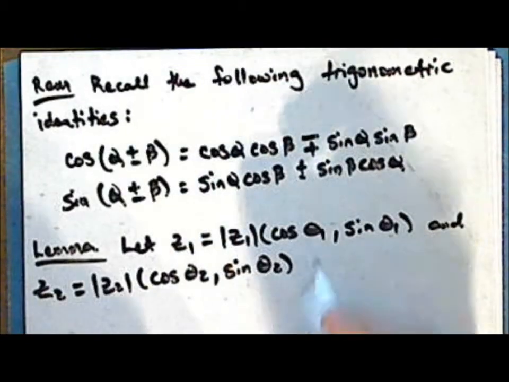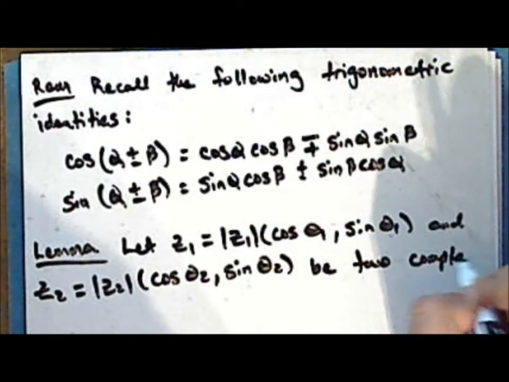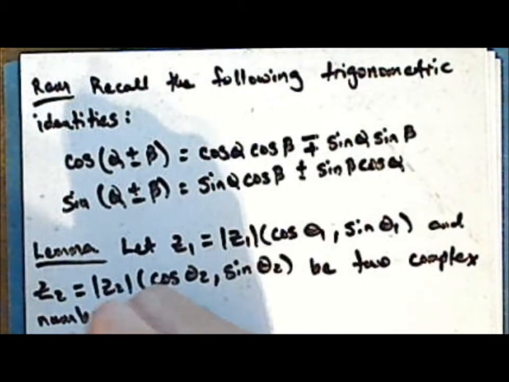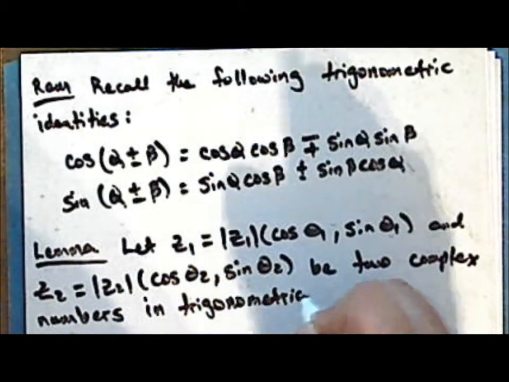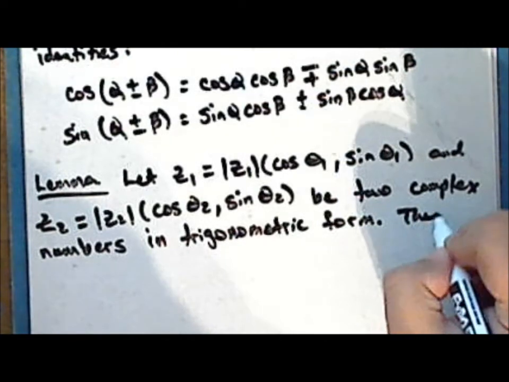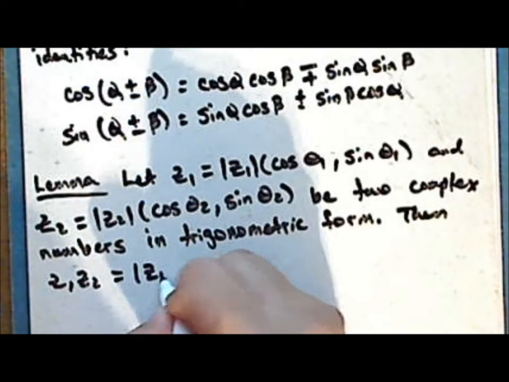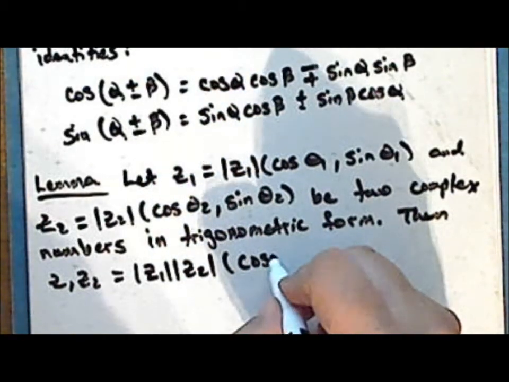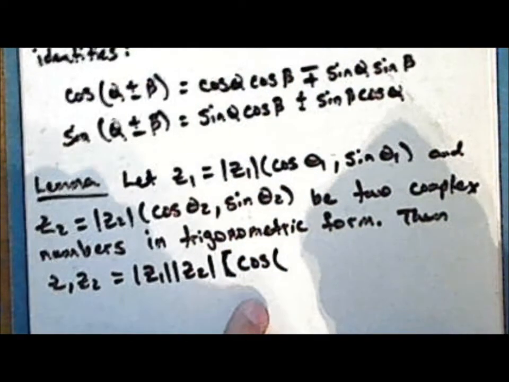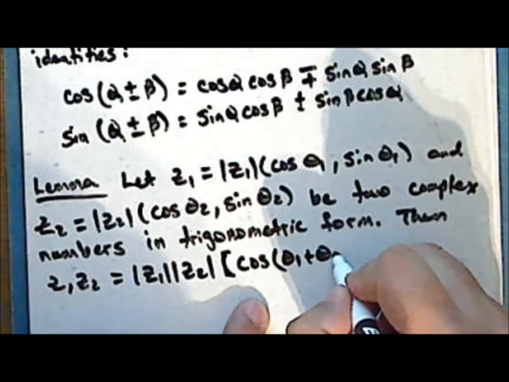These are two complex numbers in trig form. Then the product, z1 times z2, is equal to the product of the moduli times the ordered pair, where the argument of the trig functions is the sum of the arguments of the two respective complex numbers.